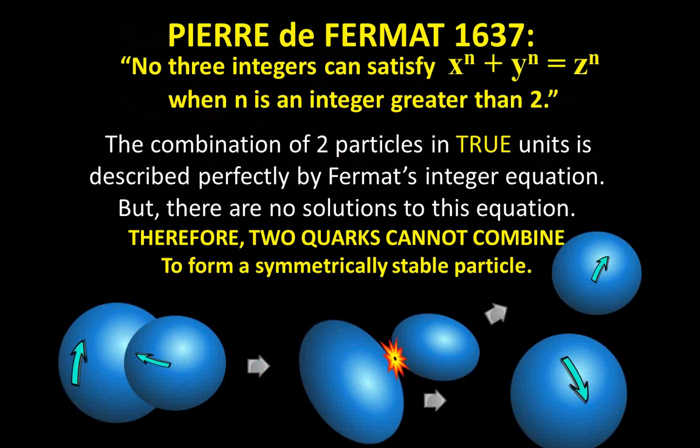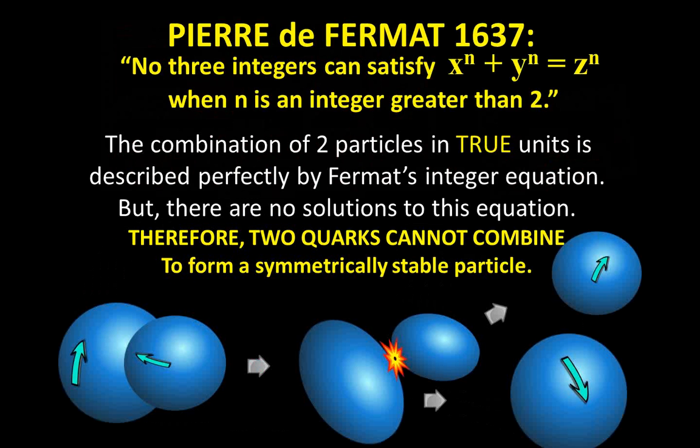It is, however, easily proved for 3 through 9 dimensions. Since all elementary particles are perceived as three-dimensional whole number multiples of true units, Fermat's last theorem says there are no whole number solutions to the equation representing the combination of two quarks.